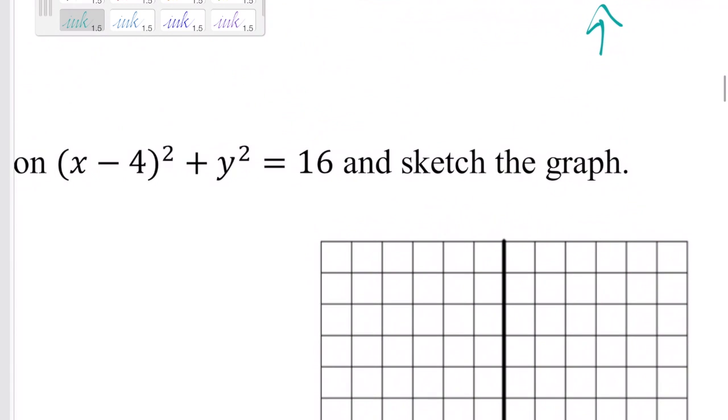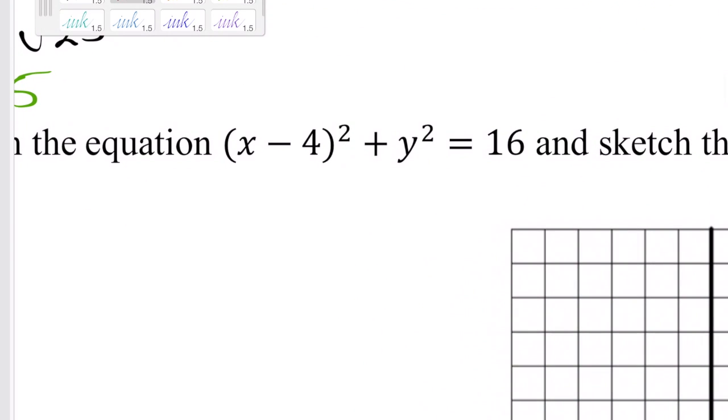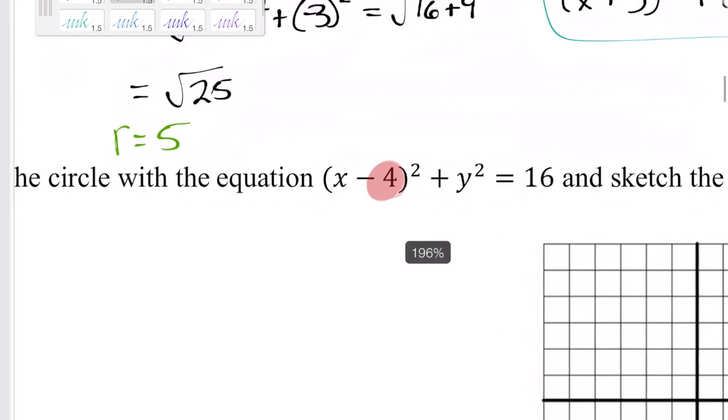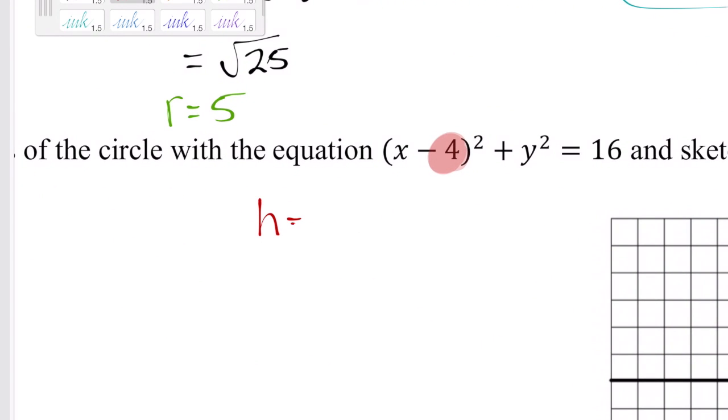So I know my center is with my h and k, which is with my x and y value. So here I have a -4 inside of the parentheses, which means my h is going to be a +4. I don't have any numbers with my y. There's nothing adding or subtracting, which means that my k is nothing, which you can represent with 0.